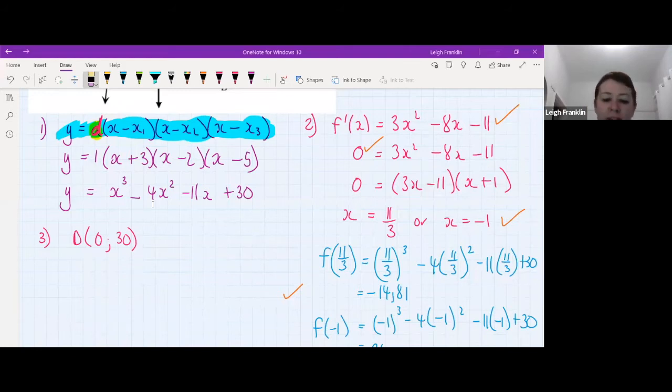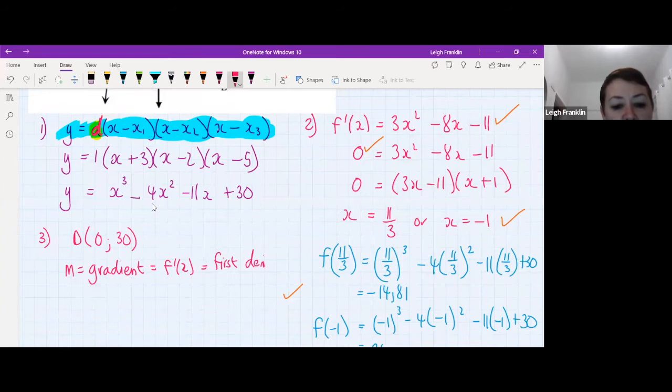Remember, the gradient is the first derivative. I'm going to write that down here for you guys as well. The gradient is the first derivative. So M is gradient. It's f prime x. It's the first derivative. Hint, hint, hint.